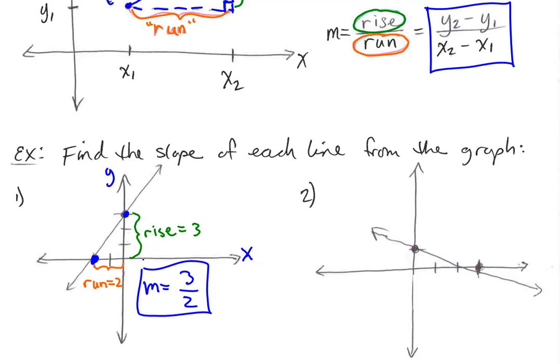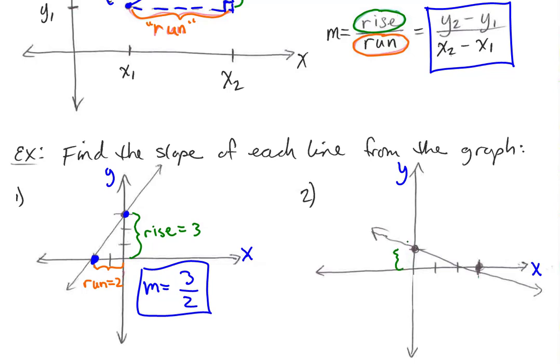Let's try a second example. This one is also a graph drawn with an x-axis horizontally, y-axis vertically, the typical coordinate plane. And in this case, we have a y-intercept at (0, 1), and an x-intercept at (3, 0). So we can pick out the rise and the run from this graph just like we did before.